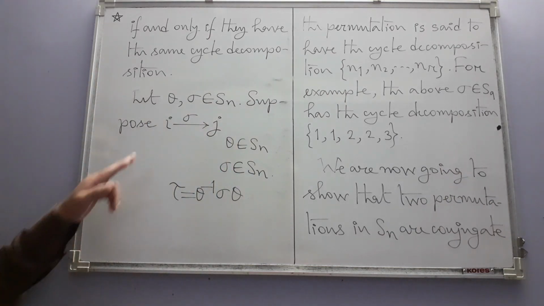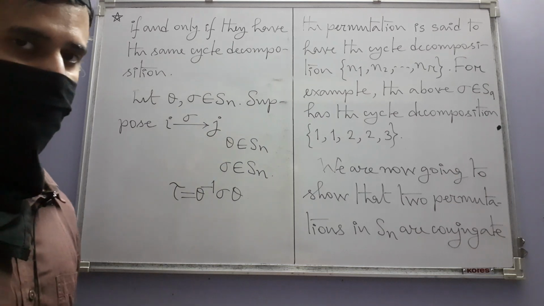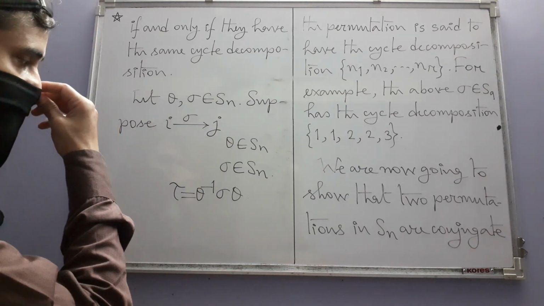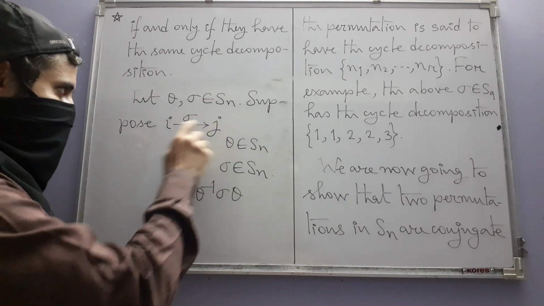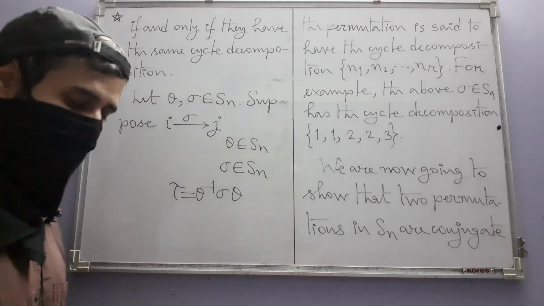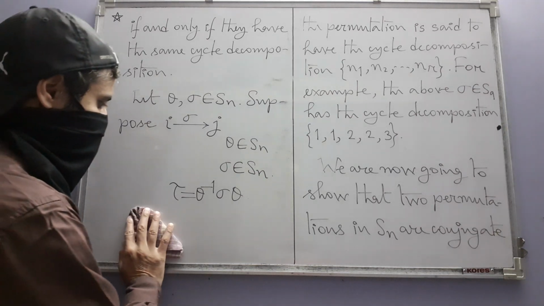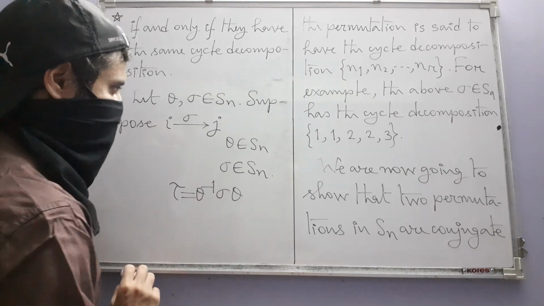Suppose sigma maps the symbol i to j, that means when your input is i, then sigma gives you the output j. But then what does theta inverse sigma theta do?